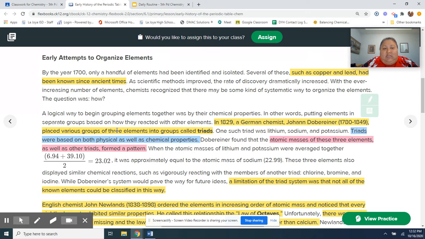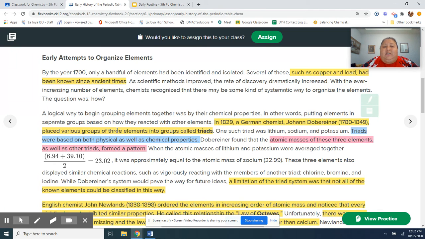And what he did is he placed various groups of three elements into groups called triads. Now, an example of one triad is the grouping of lithium, sodium, and potassium. Now, how were these triads grouped together?